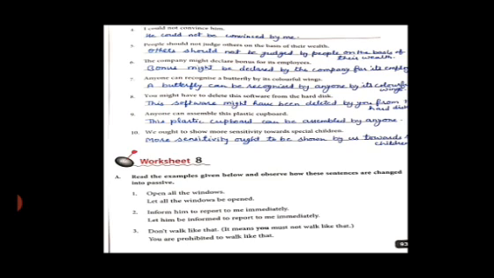Anyone can recognize a butterfly by its colorful wings. A butterfly, this is the object, and it becomes subject. A butterfly can be recognized by anyone by its colorful wings.